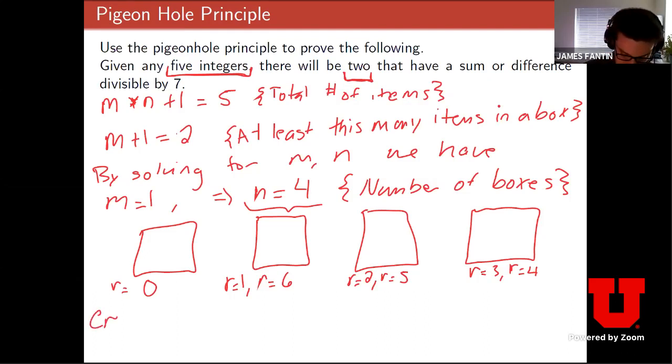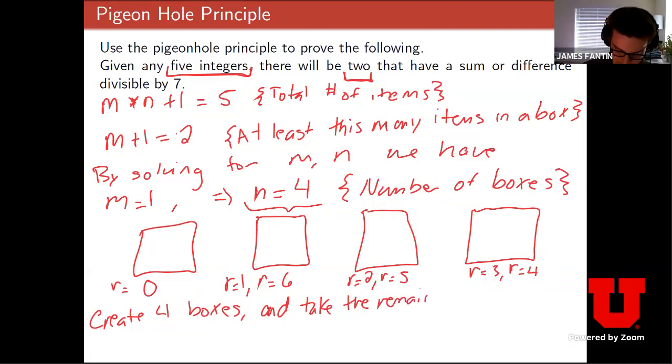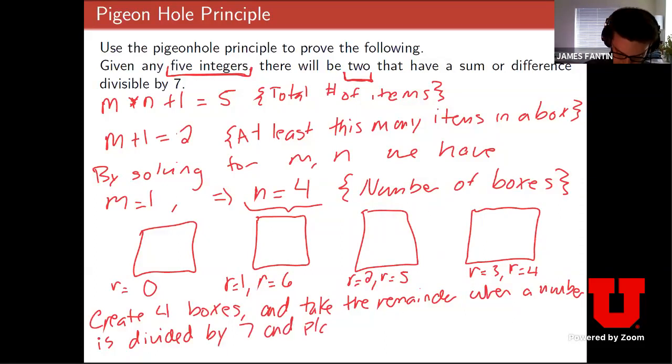Basically, I'll write this a little bit more formally. We're going to create 4 boxes. And then I'll explain it this way: we're going to take a number and divide by 7, and place it into the corresponding box as described above.